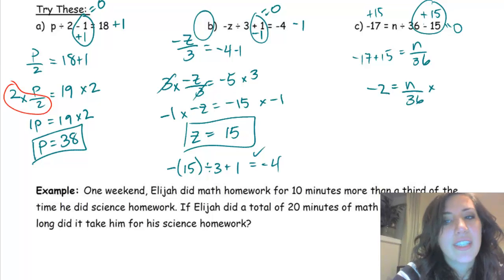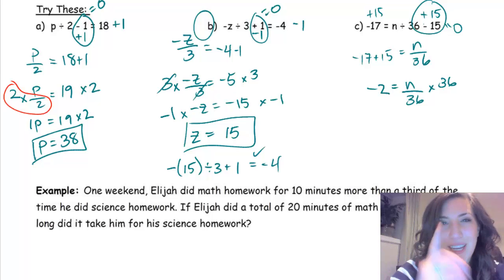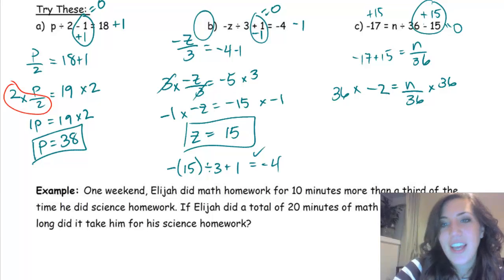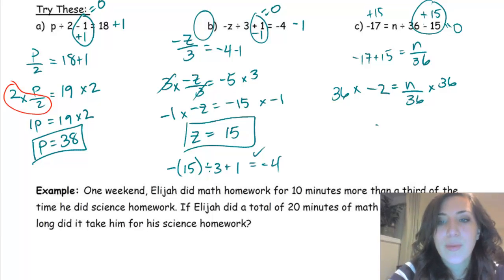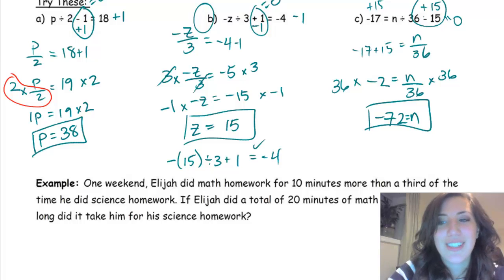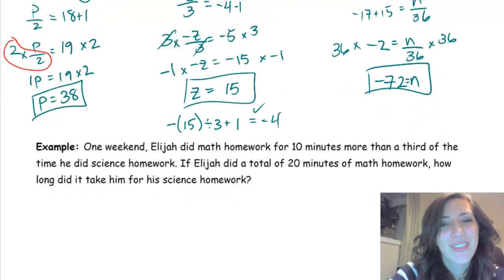Now to get rid of that 36, we need to times it by 36, because any number over top of itself is 1. So whatever you do to one side, don't forget to do to the other side. You're nice and equal, and so we get an n value of negative 72. And you can plug that back in. Negative 72 divided by 36 minus 15 should equal negative 17.